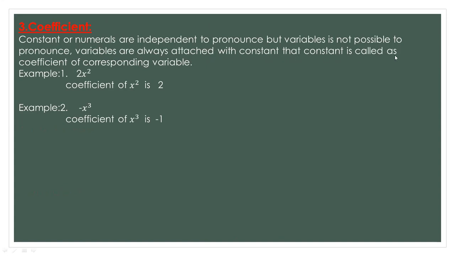That constant is called a coefficient of the corresponding variable. Whatever the value was there in front of the variable, that is called a coefficient. For example, 2x square, this one we can rewrite as coefficient of x square is 2, right? Example number 2, minus x cube, coefficient of x cube is minus 1.